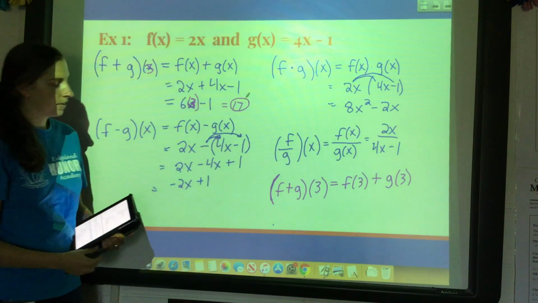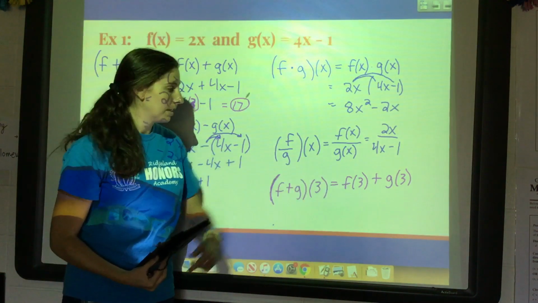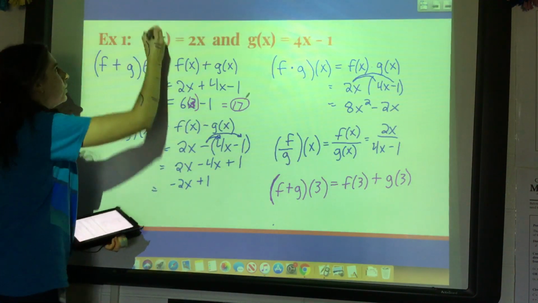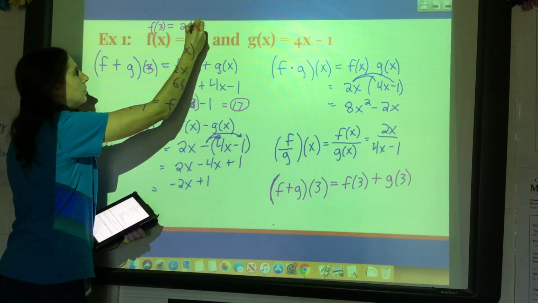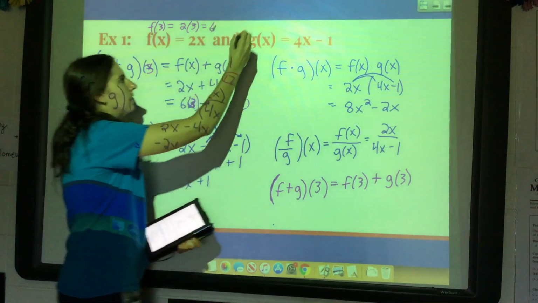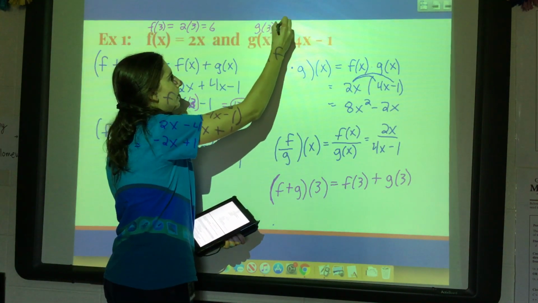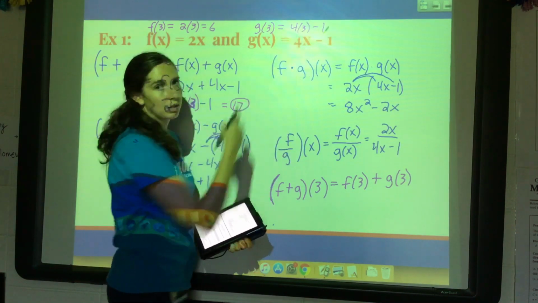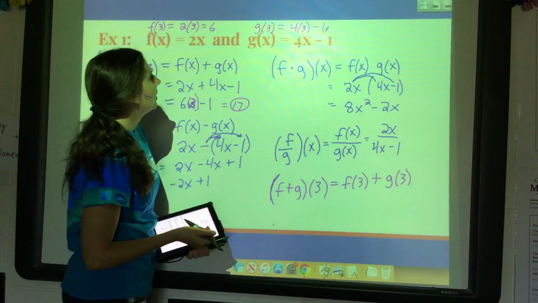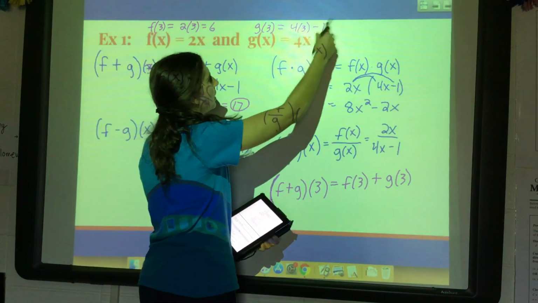So let's see if we do it separately, if we get the same thing. So let's do f of 3. F of 3 is 2 times 3, which is 6. G of 3 is 4 times 3 minus 1, just putting in a 3 for x. So that's 12 minus 1, 11.